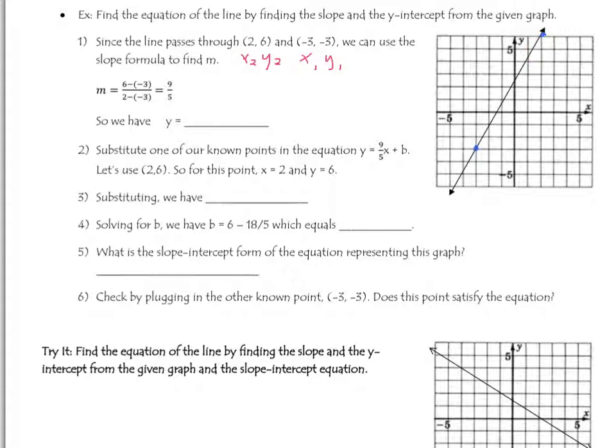So you go 1, 2, 3, 4, 5, 6, 7, 8, 9. And your run is also going to be negative. You count 1, 2, 3, 4, 5. So your numerator is -9 and your denominator is -5.